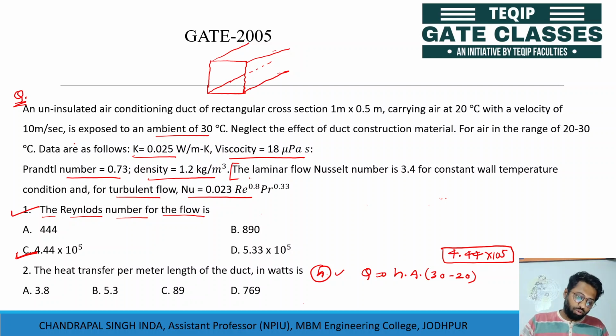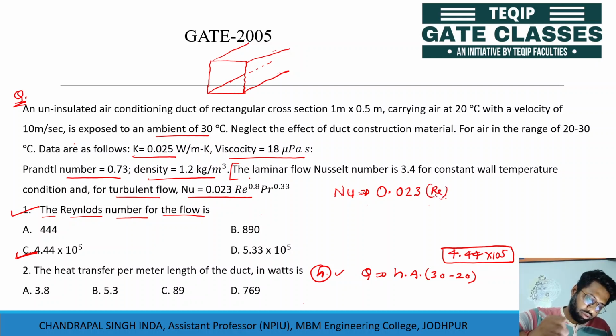So we will use that the Nusselt number is equal to 0.023 Reynolds number to the power 0.8 and Prandtl number to the power 0.33.